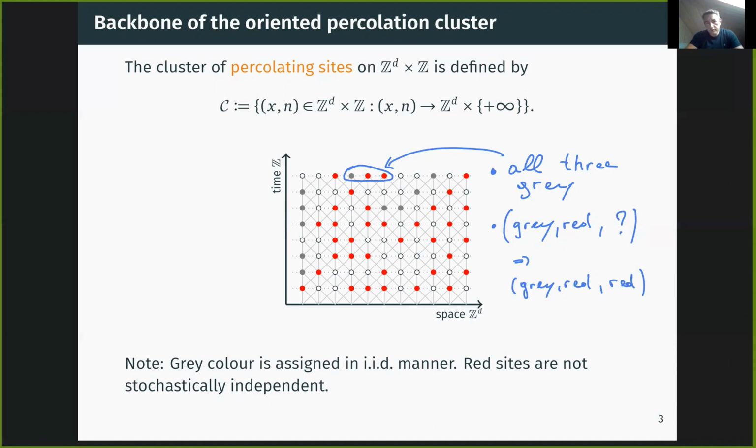So for example, in this configuration, if we start with three gray sites in a row, and for some reason we know that the first one is gray, the second one is red, then it implies that the third one must be red as well.